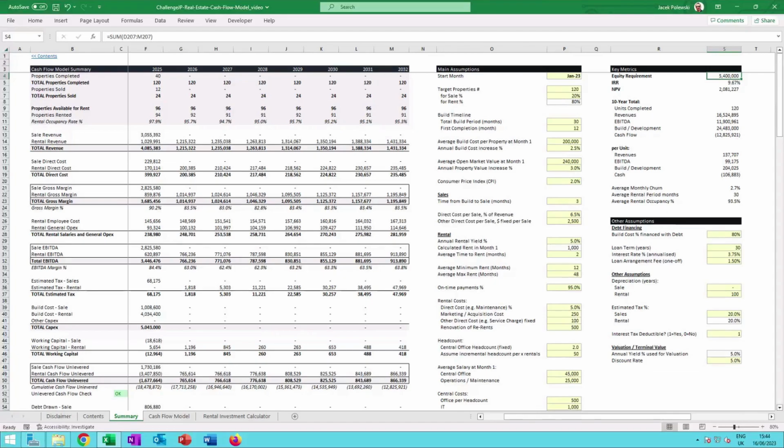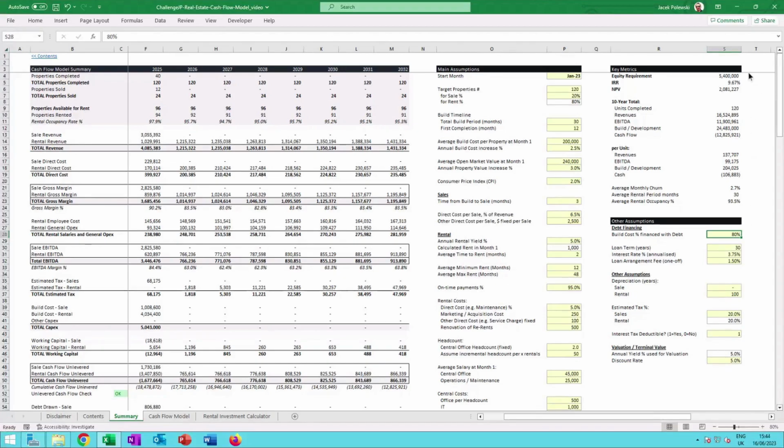Okay, so for example, let's say that we want to see what will happen to my returns if I were to change the level of debt that I can inject into the model. At the moment, I'm assuming I can fund the model with 80% of debt.